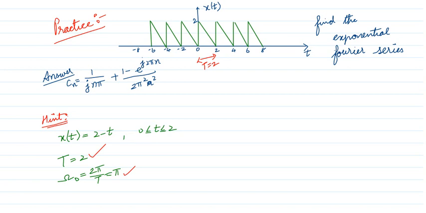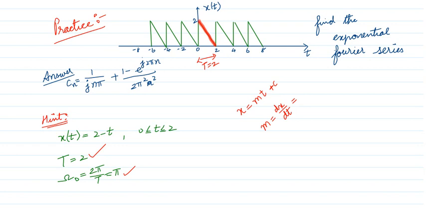Now what is the equation of this line? What is the equation of the slope? This you have to find. The equation is x equal to slope into time plus c. What is the slope? M equal to dx by dt. What is the change in x? X is changing from 2 to 0.